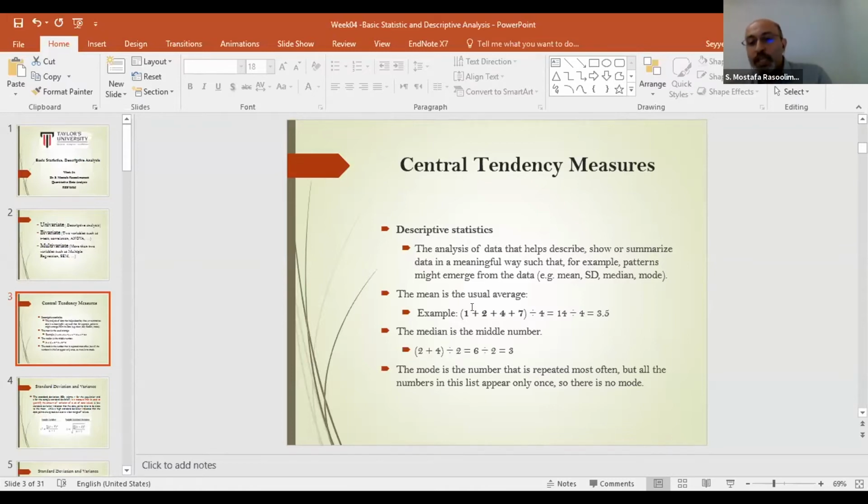Or you want to understand the behavior of 300 respondents about purchasing a product. Some of them are willing to purchase this product, but some are not. So you cannot understand their behavior by checking the responses one by one.